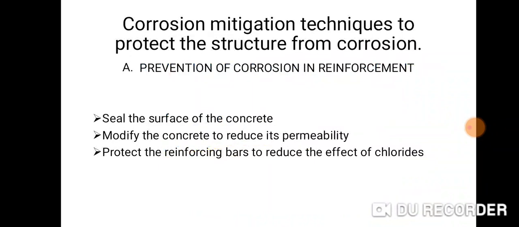There are some corrosion mitigation techniques to protect the structure from corrosion. Prevention of corrosion in reinforcement: seal the surface of the concrete, modify the concrete to reduce its permeability, and protect the reinforcing bars to reduce the effect of chlorides.